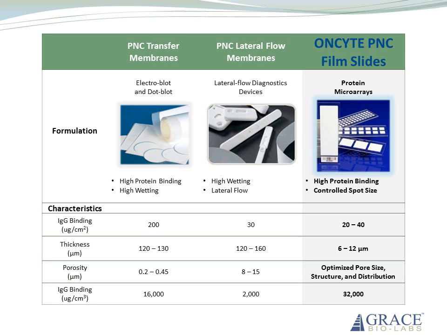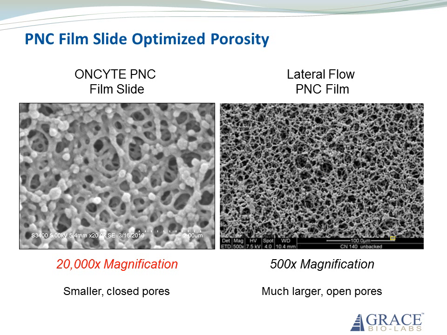When expressing protein binding per unit volume rather than unit area, you can see that ONCYTE PNC actually has the highest binding capacity of these membrane types. This is a function of ONCYTE PNC's porosity. For comparison, here are SEM images of an ONCYTE PNC film and a lateral flow film. Many of the pore sizes may appear to be the same on both images, but please note the magnification differences.